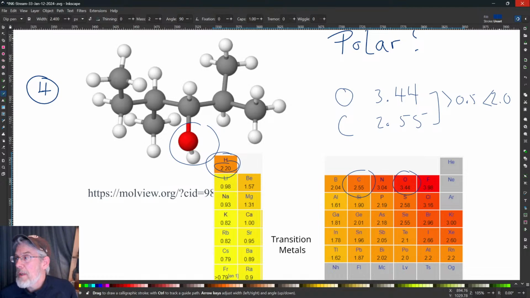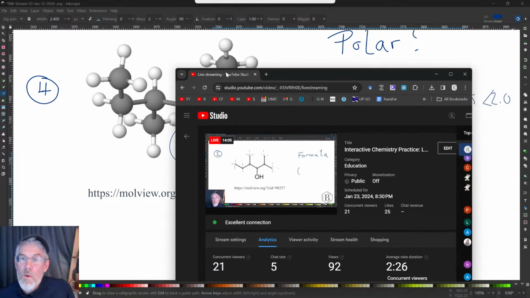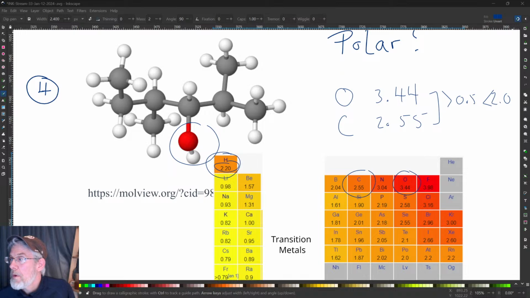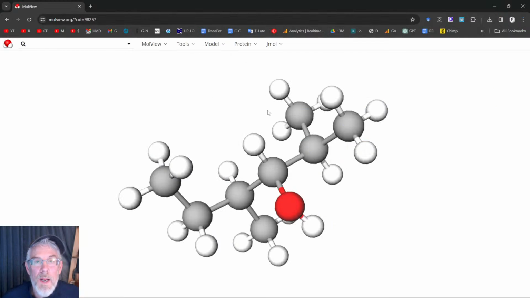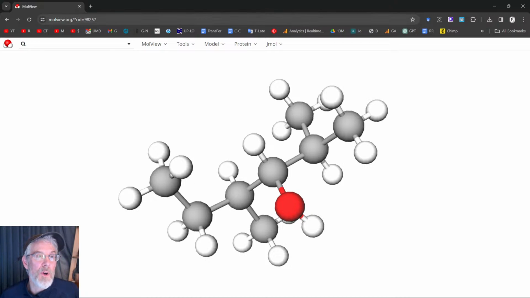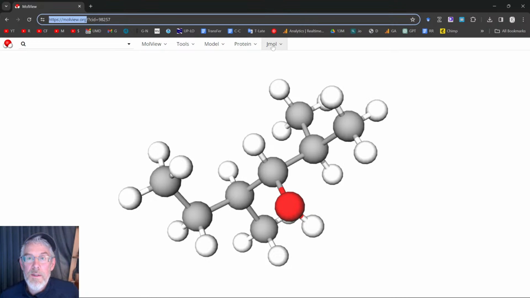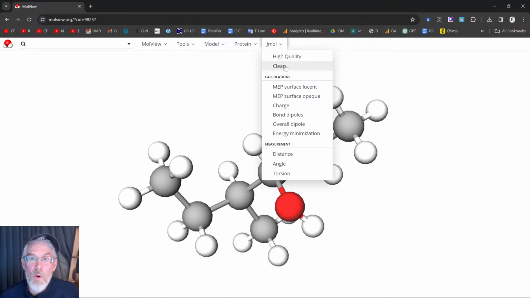Let's look at this in 3D again, because I think that helps people understand. There it is. So what I can do with this program, it's a free program, moleview.org, is I can go up here to JMOL and show you the surface. And this is going to show you the electrostatic surface.